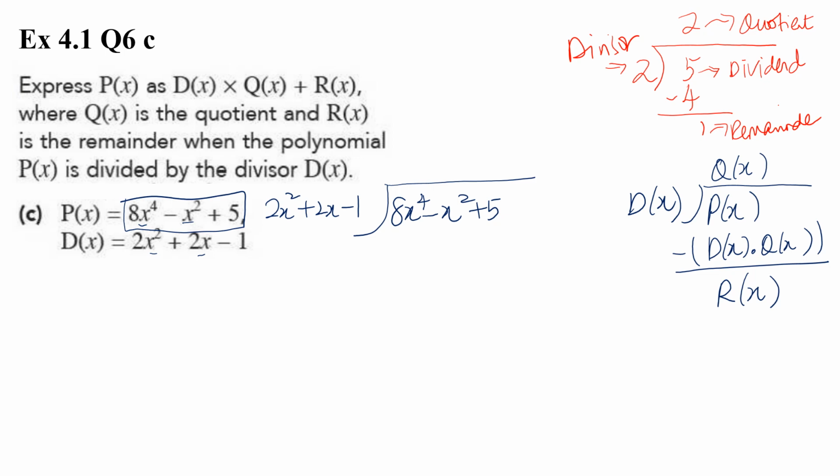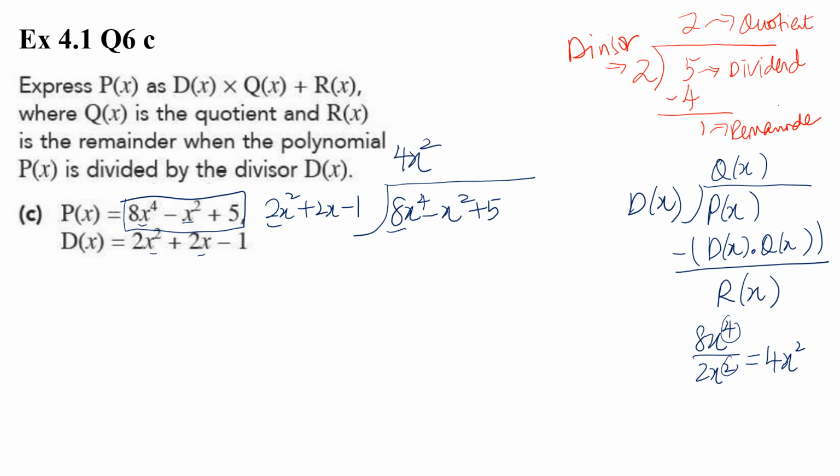Okay, so what do we do? We take the first term of your dividend, which is 8x to the power of 4. You're going to divide it with the first term of your divisor, which is 2x squared. And you will get 4x to the power of 2. Alright, 4 minus 2 gives you 2. Right, so here your quotient will be 4x to the power of 2.